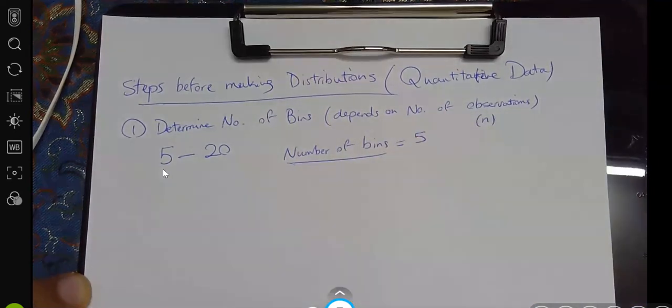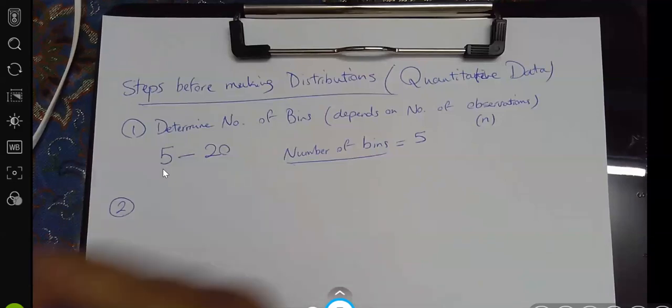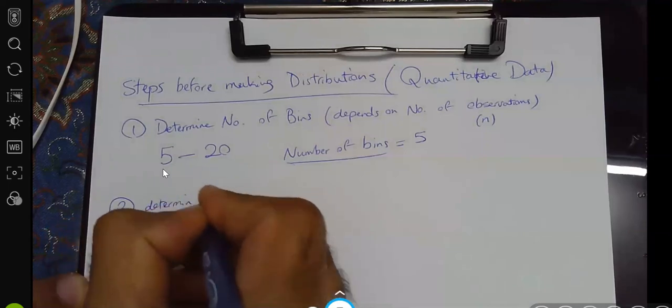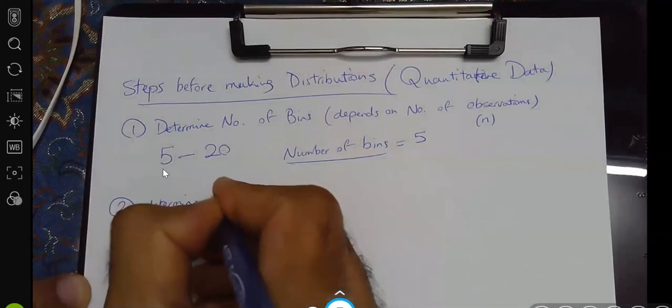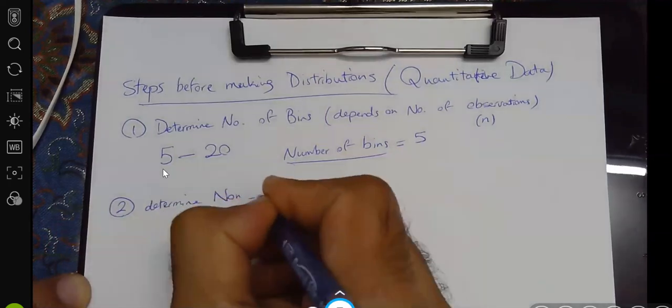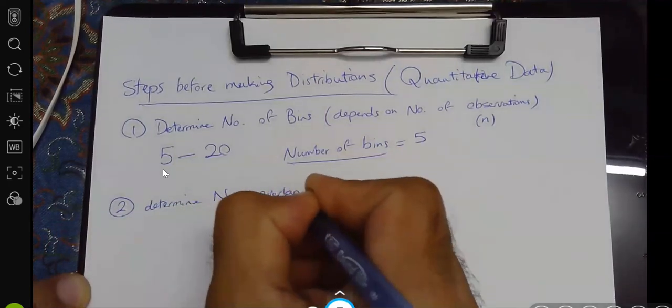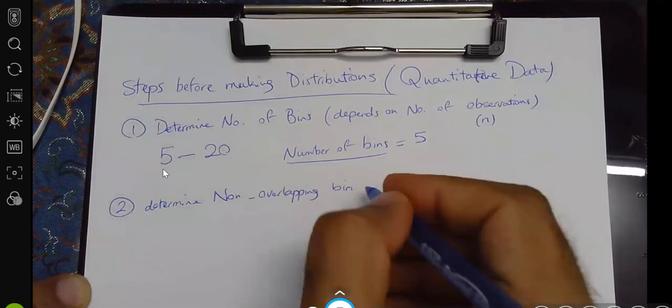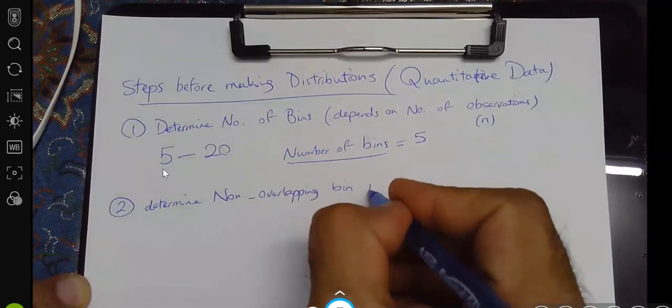The second one, you're going to decide about the bin range. Determine the non-overlapping bin limits or bin ranges.